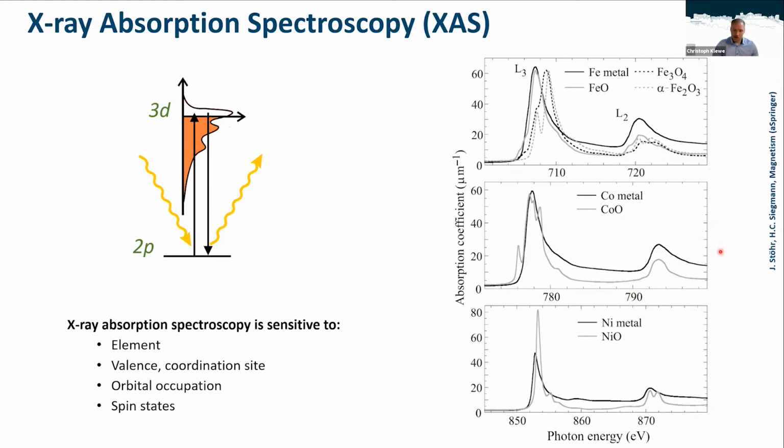And so if we now look a little closer here in the center, where we have the L2 and L3 edge for cobalt, we can see a clear difference if we look at the cobalt metal and the cobalt oxide. This difference shows that in the cobalt metal, where we basically probe the elemental cobalt, we see this simple absorption peak, whereas if we look at the cobalt oxide, we get this rich multiplet structure in the spectrum.